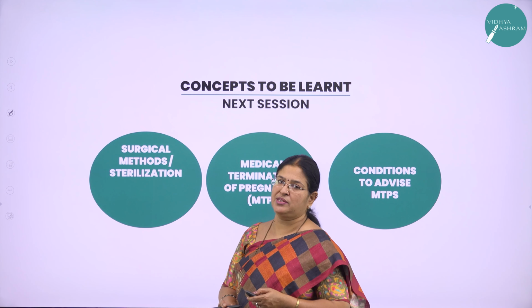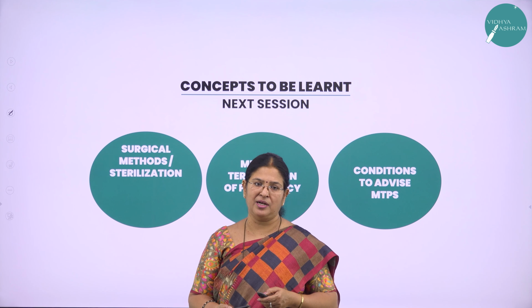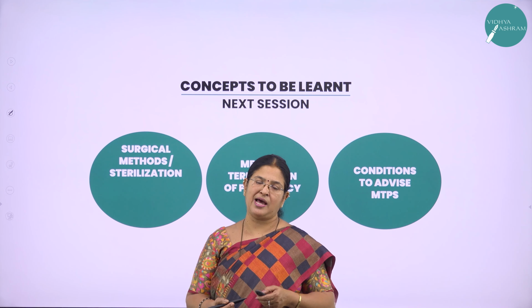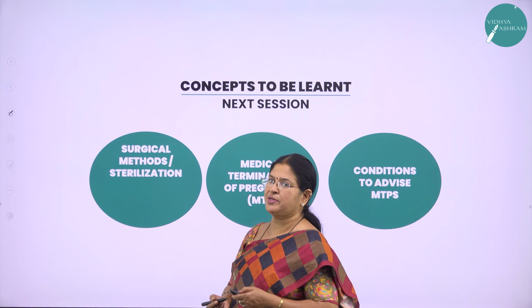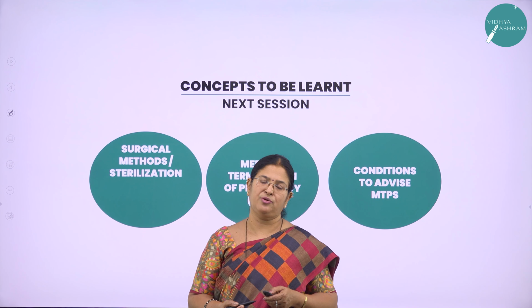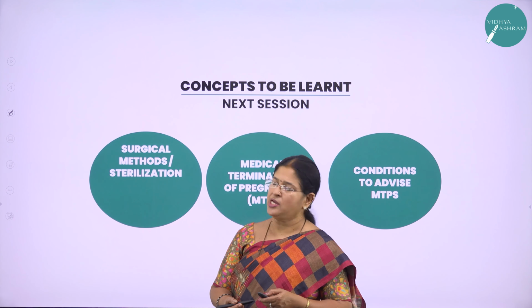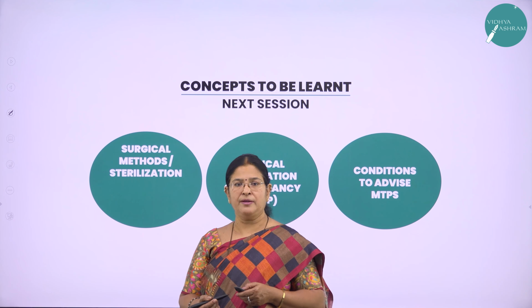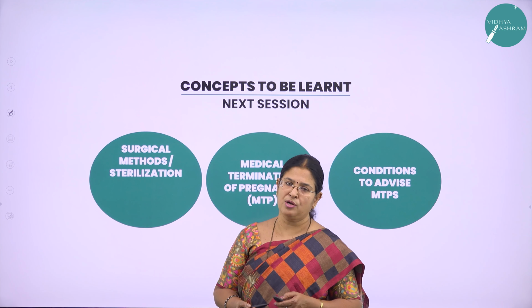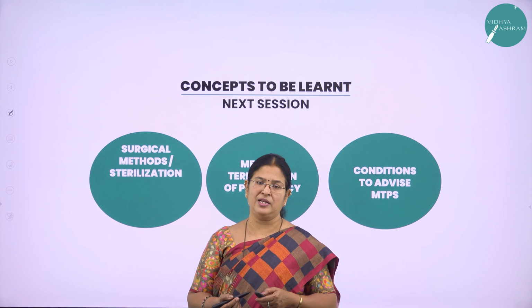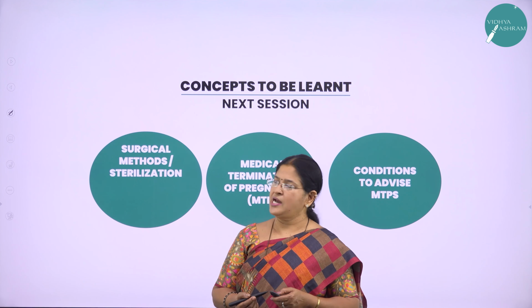Then the second method was the barrier method, like the use of condoms, diaphragms, cervical caps and balls. The third method was the IUDs, the intrauterine devices like the Lippes loop, progestasert and LNG-20. Then the fourth type, oral contraceptive, like the oral pill called Saheli, which was designed by CDRI.